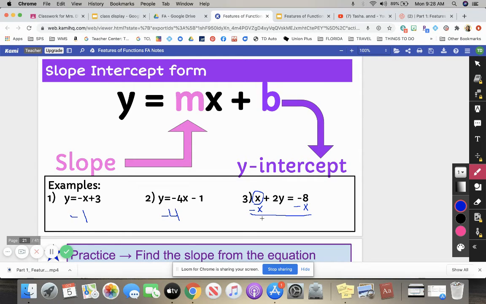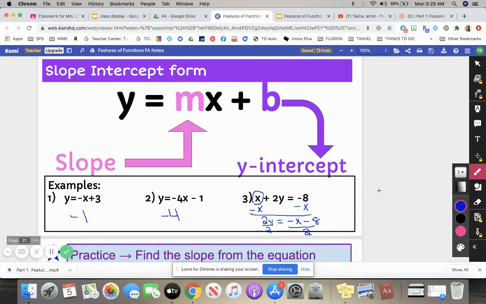Okay, so now we're left with 2y is equal to negative x minus 8. Now to get my y by itself on the left side, because this is multiplying 2 times y, I'm going to undo that by dividing.